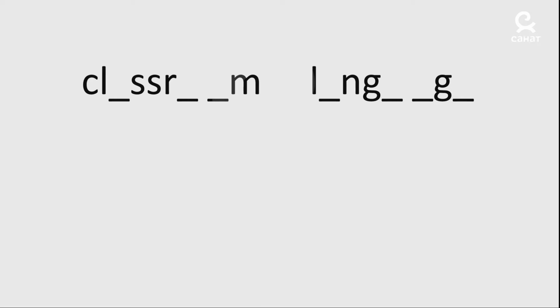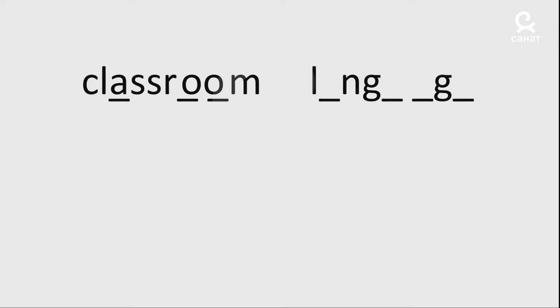Look at the first word. C, L. What's the vowel? Yes, right. A. Double S, R. What are the next two vowels? Double O, good, and M. Classroom, great. Look at the second word.